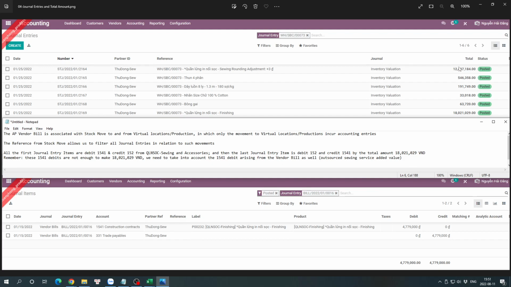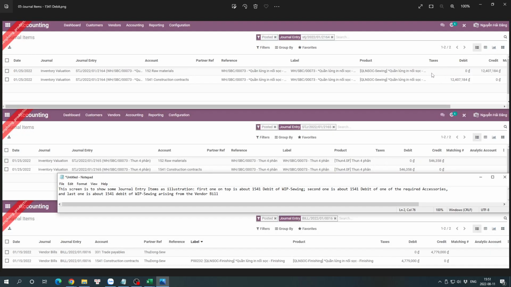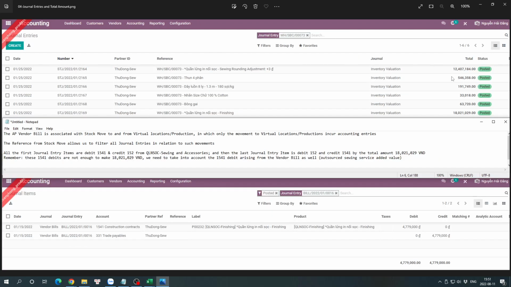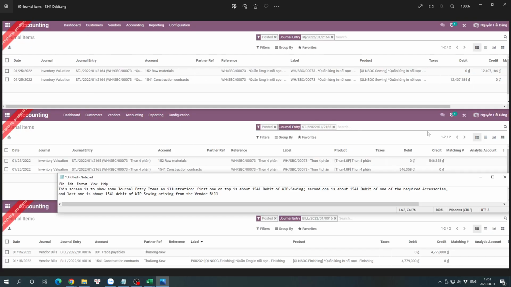For example, 12,400,000: that is credit 152 and debit the intermediary account 1541. That was the first 12 million. Similarly for the second one, 500. You see down here, you credit, so it means you reduce your assets in terms of that product code.